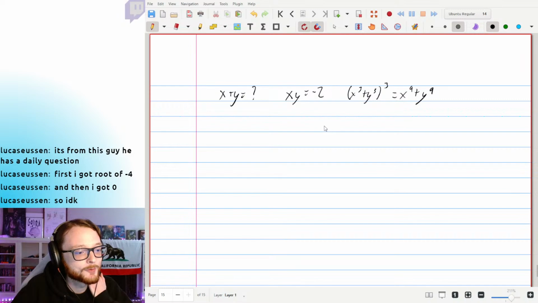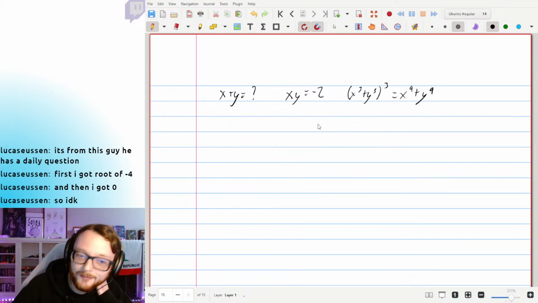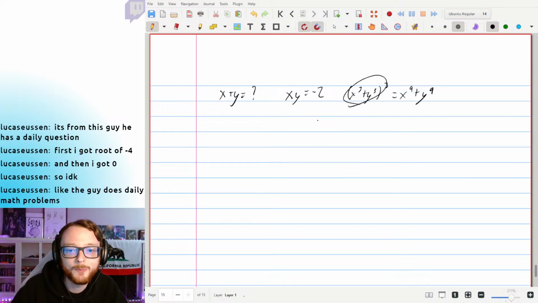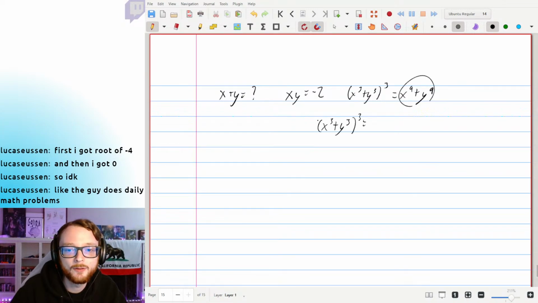First, you got a root of minus 4, then you got 0. Well, I guess I want to look at the left-hand side. What happens when you expand this?